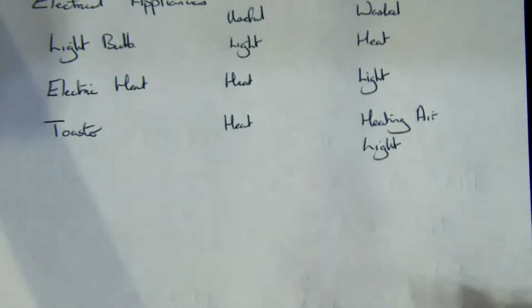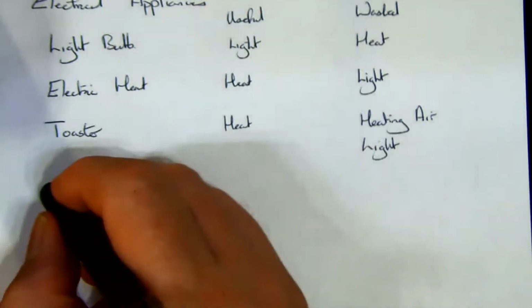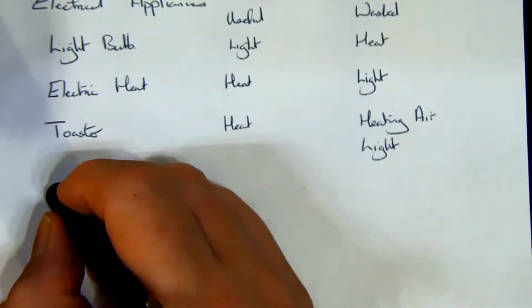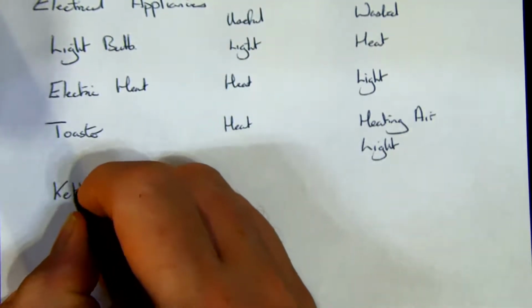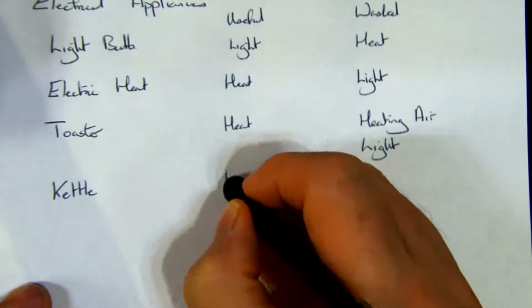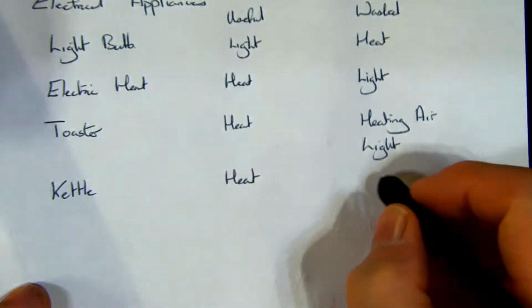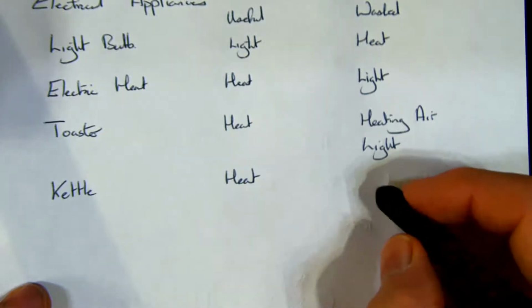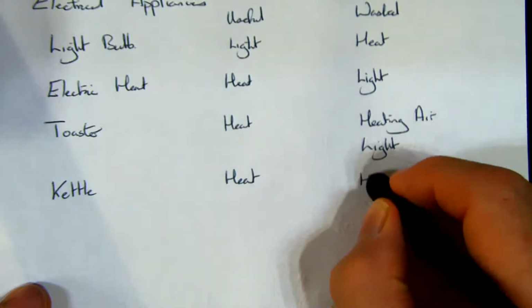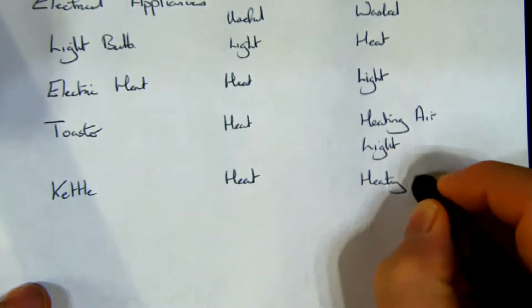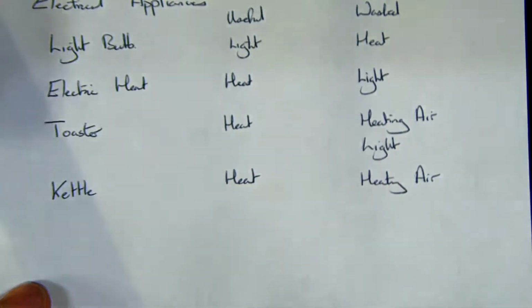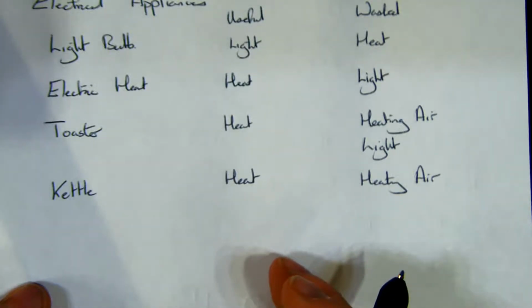Let's think of some more. How about a kettle? Yeah, useful energy, that's heat. But again, we're heating the air. Hairdryer.